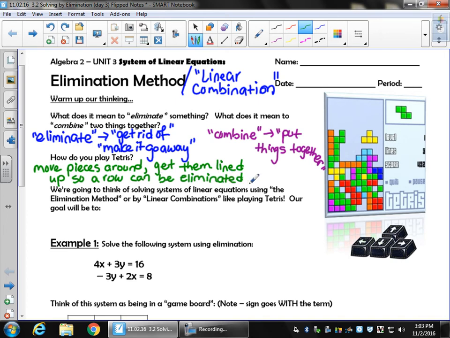And this concept of moving pieces around, shifting them left and right, or even turning them around, will actually connect to our method. So bear with me as we talk, and we'll see how this game connects to today's lesson.